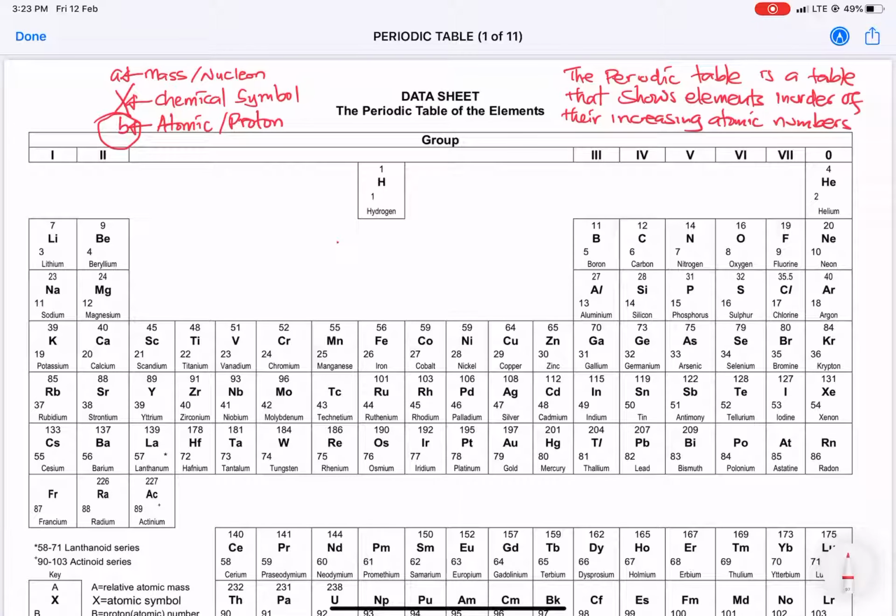For instance, hydrogen is number 1. Okay, then we come to helium. Helium is number 2.